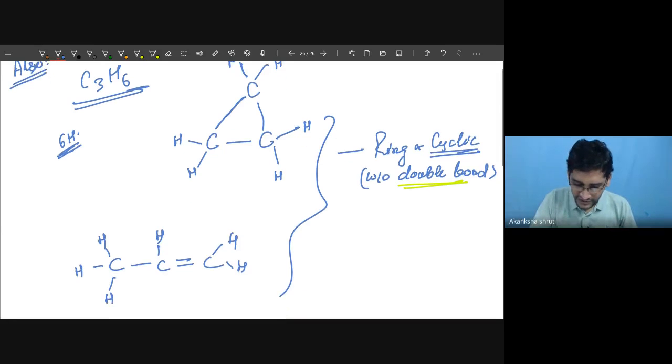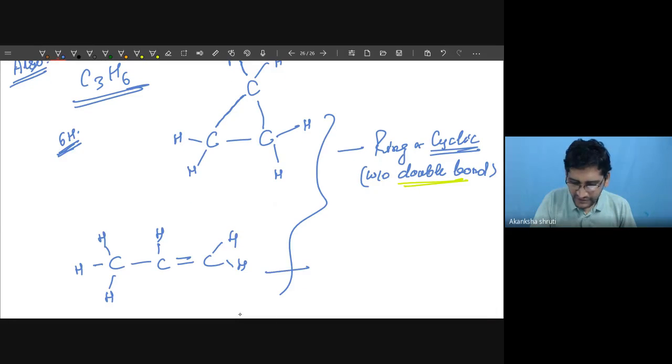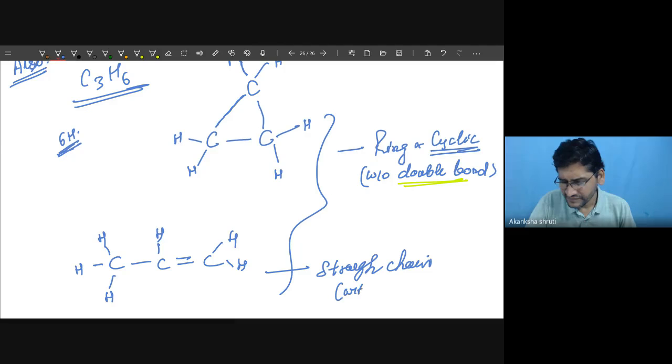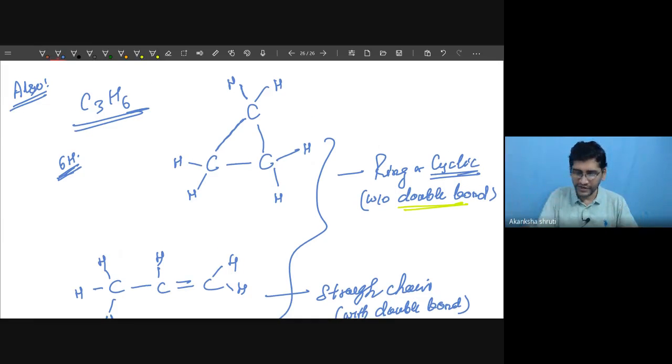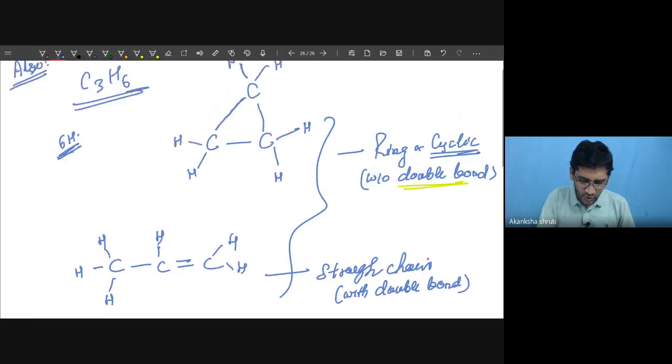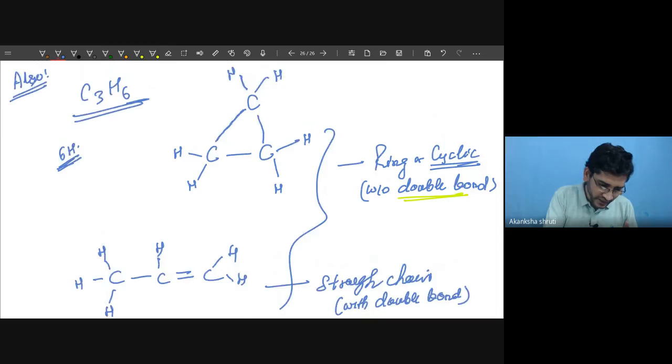One we have got is this ring, and another is our straight chain with a double bond. It means one double bond is equivalent to forming one ring. So these 2 are different structures. Now this is cyclic, this is linear or straight.